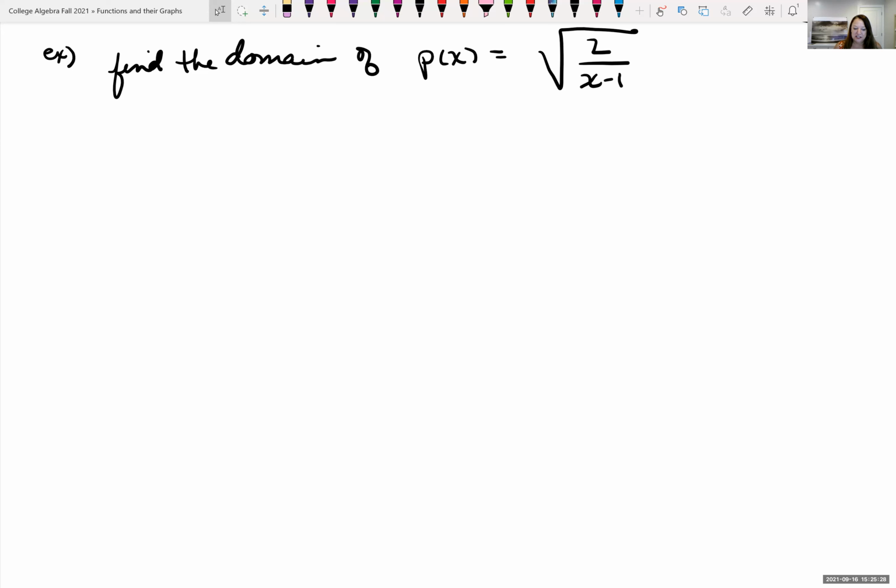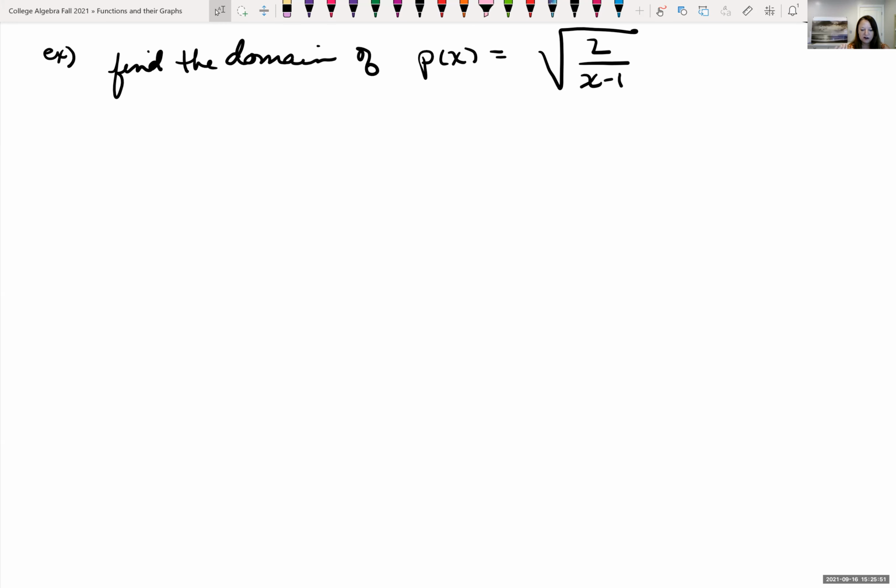So we're looking at functions, and we've been talking about finding the domain of functions, looking and telling if an equation is a function or not. But now this example says, let's find the domain of p of x equals the square root of 2 all over x minus 1. So when we're looking for the domain, we're looking for trouble spots.